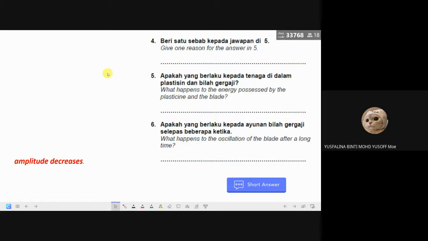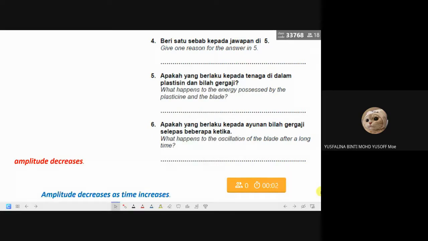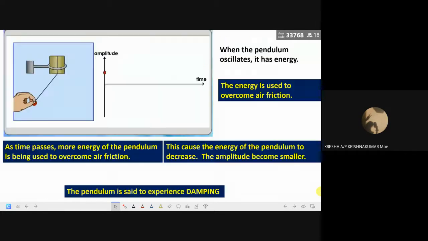Okay. Can you give me the answer? Oh my god, I can't answer. Where's the picture? You can refer to Picture number two also. Sorry, number three also.